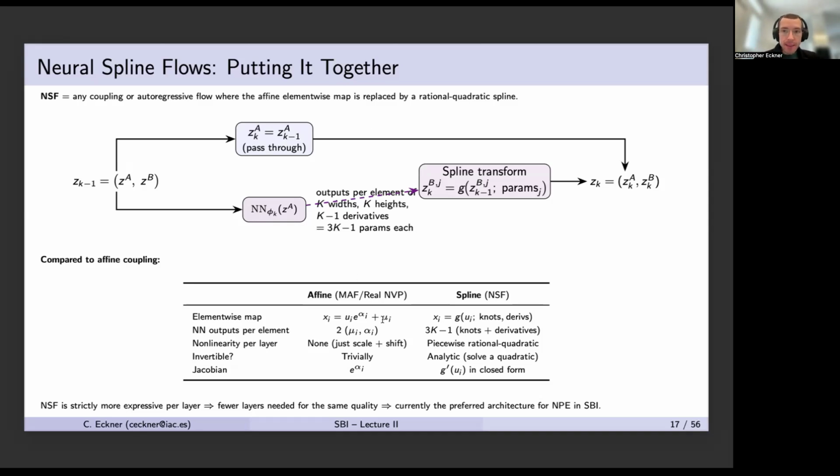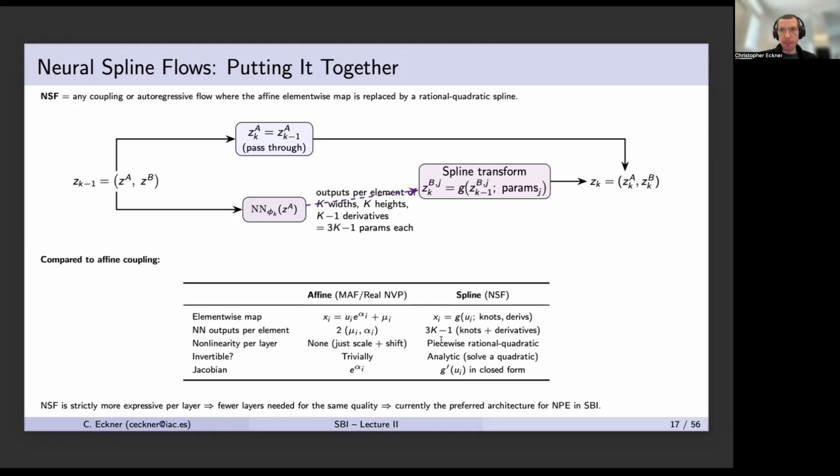Basically, what happens is that because of using splines now, you're not forced element-wise to an affine transformation, a linear transformation, but you can be nonlinear. You have a lot of output, of course, because you have all those knots, all the derivatives in your model. It's nonlinear because you have these rational quadratic spline functions. And it is invertible and analytic because there is an explicit formula which does the inversion.